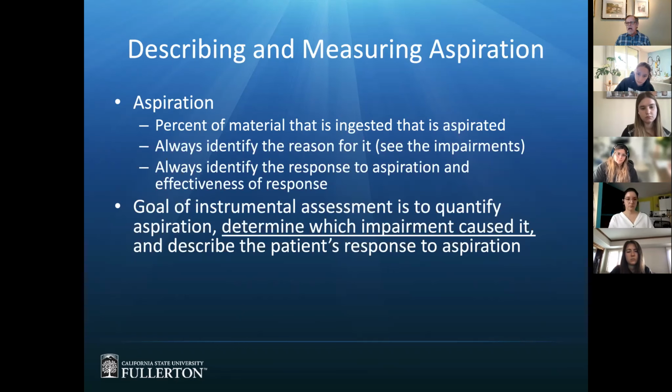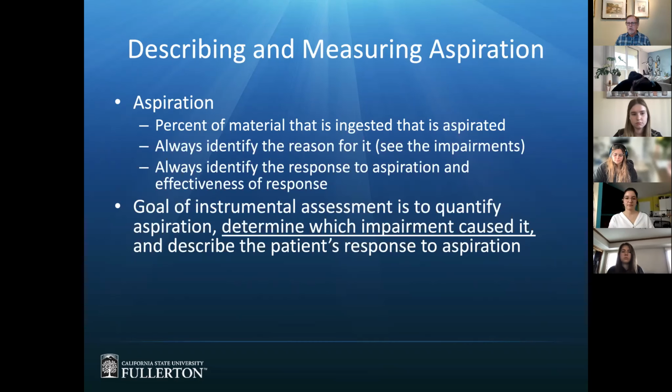Most SLPs don't actually do that objective computerized process. They do it subjectively. They do it impressionistically, because it takes quite a bit of time for probably not too much clinical payoff.